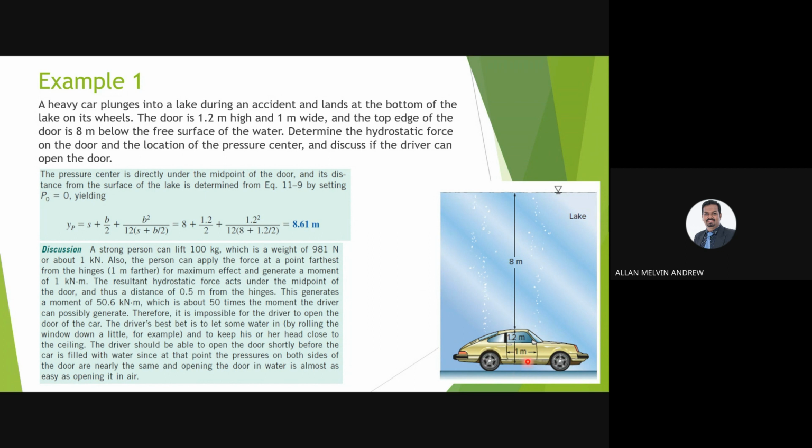So you just maintain your head high, and don't let water come inside you. With the help of the water, the outside force is 50 kilonewton meter, but inside you will have 51 kilonewton meter: 50 from the water, one from you. So you can open the door easily and swim up. But you need to do it at a very fast pace.